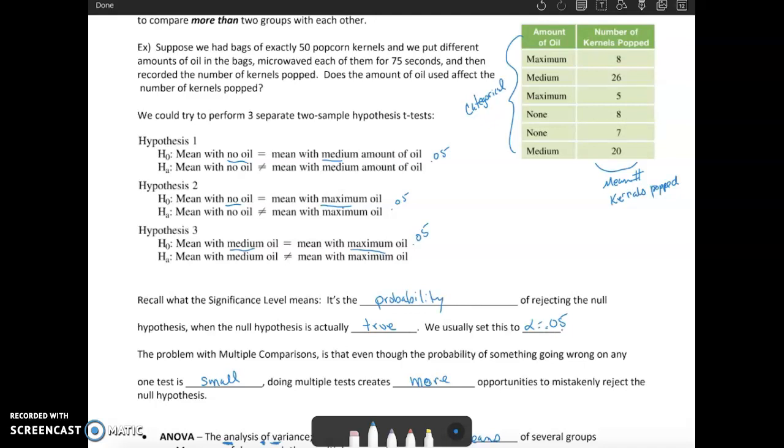However, if at least one of those levels of oil has a significantly different average number of kernels that it pops, then that tells us that there is some sort of association going on between the amount of oil and the kernels popping.